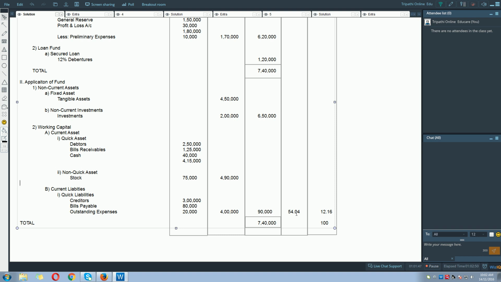Whatever we are getting, multiply it by 90,000. If we take the percentage, 90,000 we are getting as 12.16%.